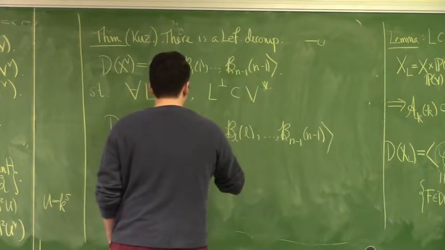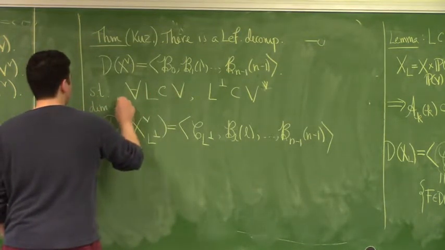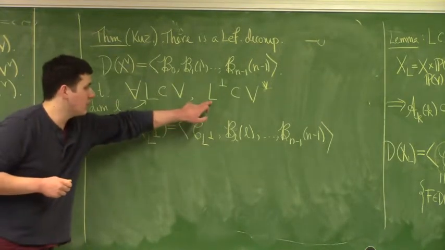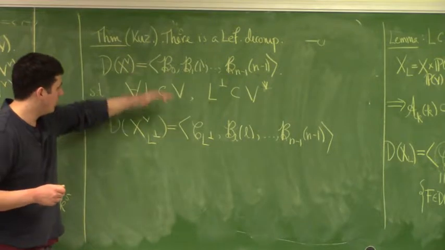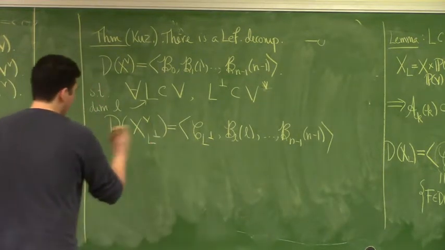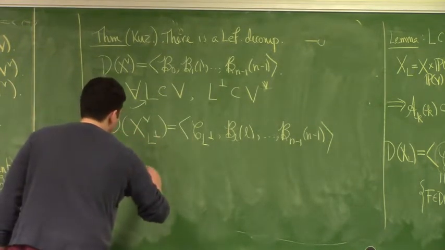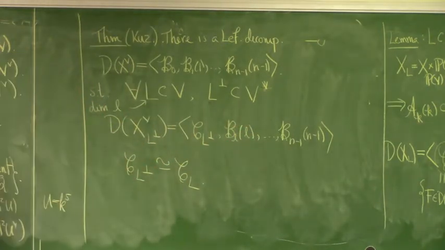Here, little l is the dimension of this linear space L, or in other words, the codimension of this space here. Just applying that lemma from before, you automatically get a decomposition like this. And the real main statement is that you have an equivalence between this category and the category C_L that we had for X_L.